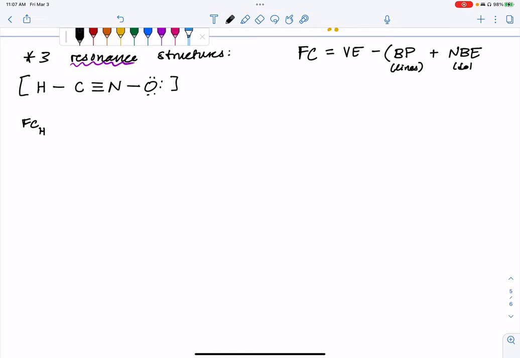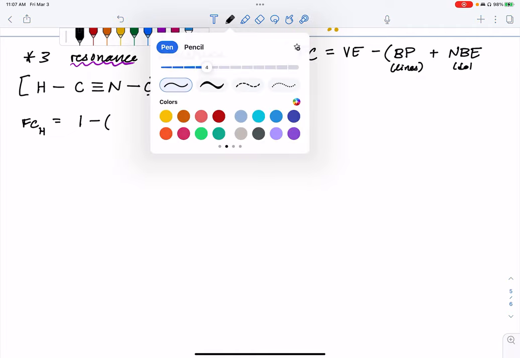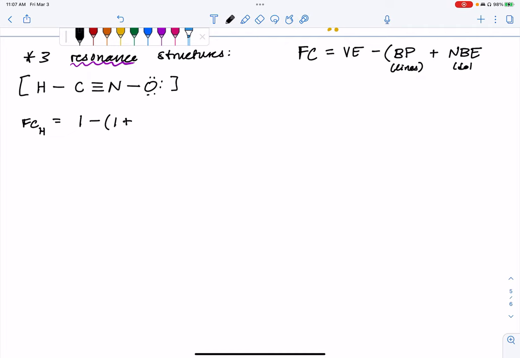Hydrogen, when it is not bound, has a total number of valence electrons equal to 1, minus the number of bonding pairs drawn to hydrogen, the number of lines connecting on hydrogen, that is 1 line, plus the number of non-bonding electrons on hydrogen. These are the dots found on hydrogen. We see that there are none here, so that's 0. So 1 minus 1 is 0.